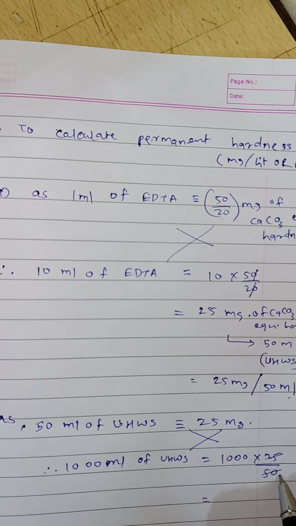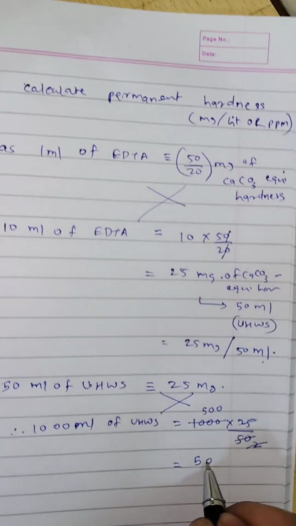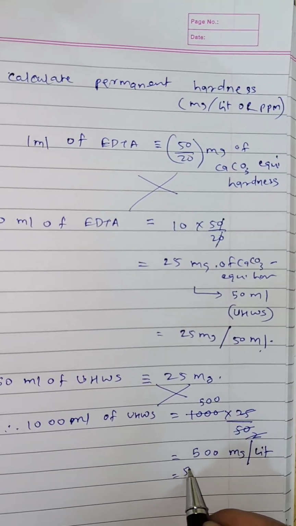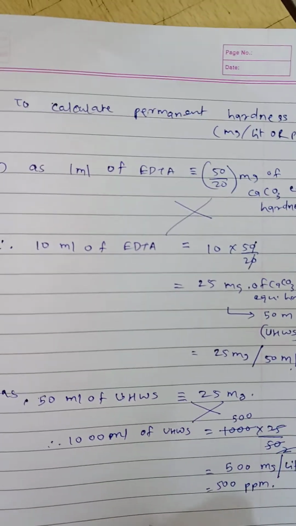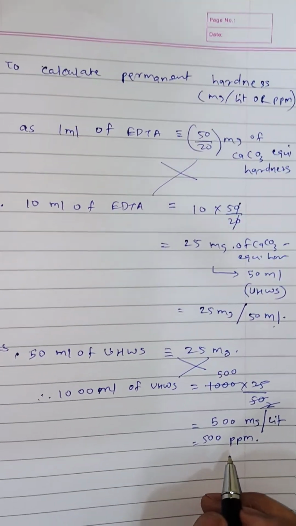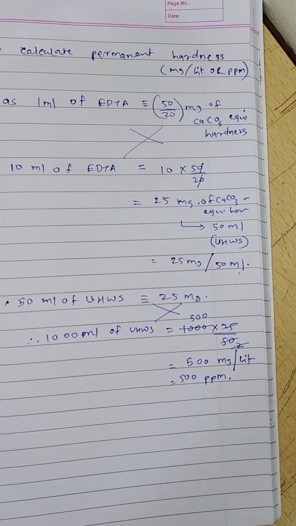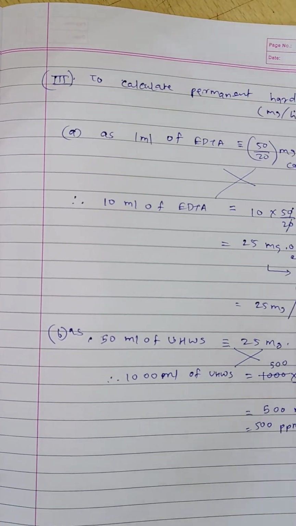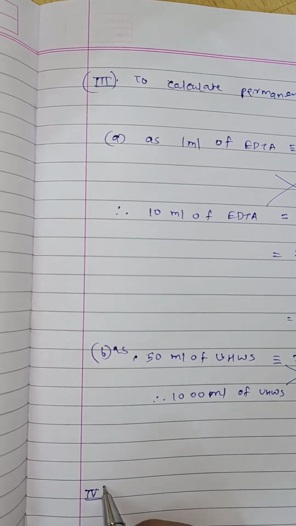So 25 ones are 25, twos are 50, and 1000 divided by 2 will be 500. This is milligram per liter, nothing but 500 ppm. So this will be your permanent hardness. Okay, so what is your total hardness? 800. And what is your permanent hardness? 500.